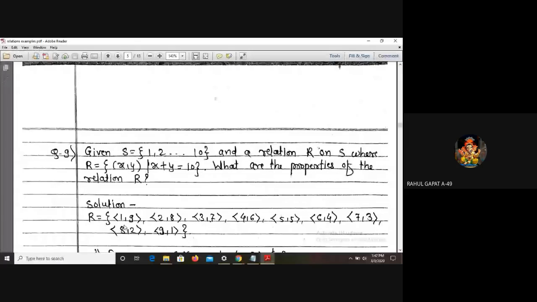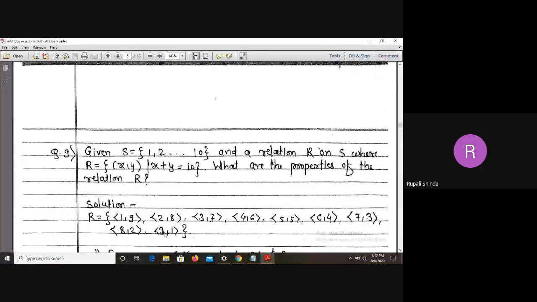Not transitive. So what is the meaning of transitive? If there are order pairs 1 comma 9 and 9 comma 1, then it must include the order pair 1 comma 1. But that is not here. That's why this relation is not transitive.